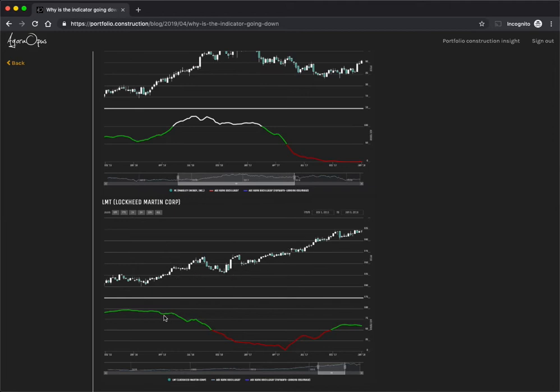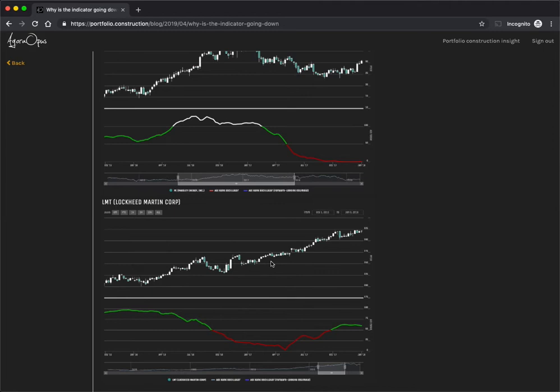So why is the indicator going down when the price of the asset is going up? It's important to understand this, because if you don't, you'll have misleading signals or thoughts about what this indicator is doing.